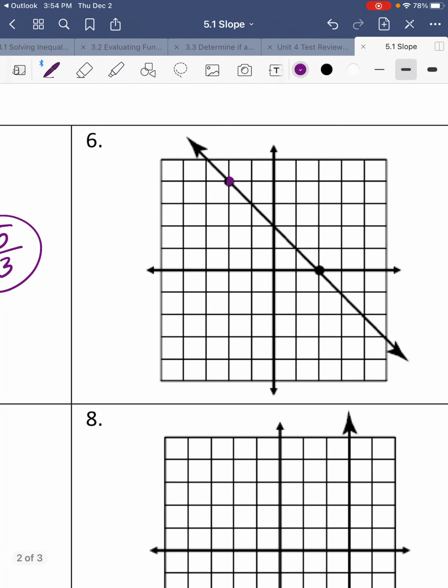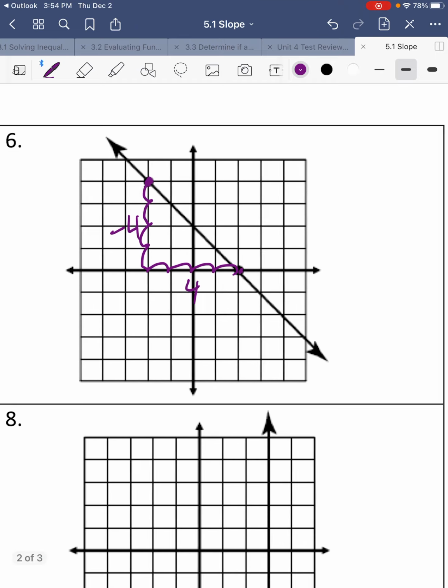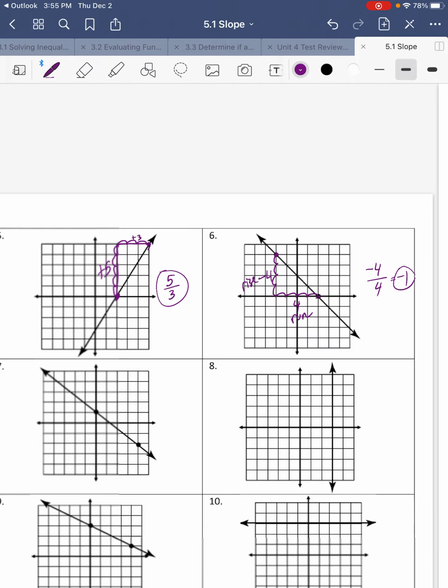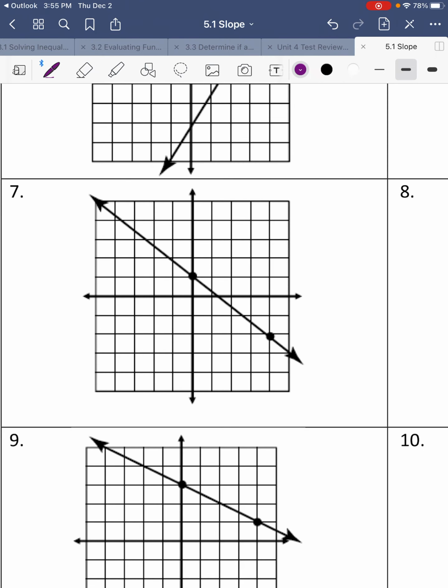Number 6, start on the left point to get to the right point. We're going to go down 1, 2, 3, 4, so that's -4. We're going to go right 1, 2, 3, 4. Nice. -4 down, so that's rise over run. Remember, rise is up and down, and run is left and right. So -4 over 4 reduces down to -1. -4 divided by 4 is -1.